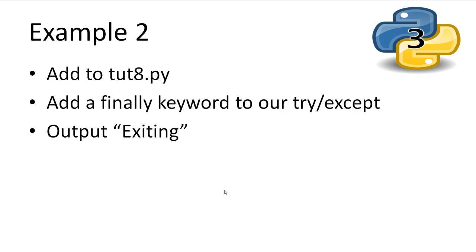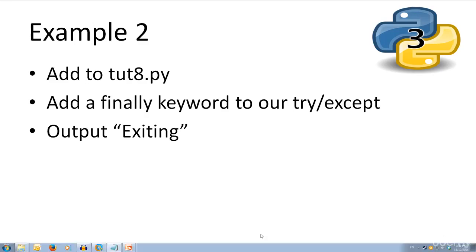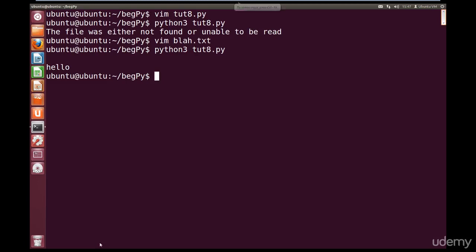So let's edit our toot8.py and add a finally block which prints out exiting. So come over to this and we're going to go vim toot8.py.